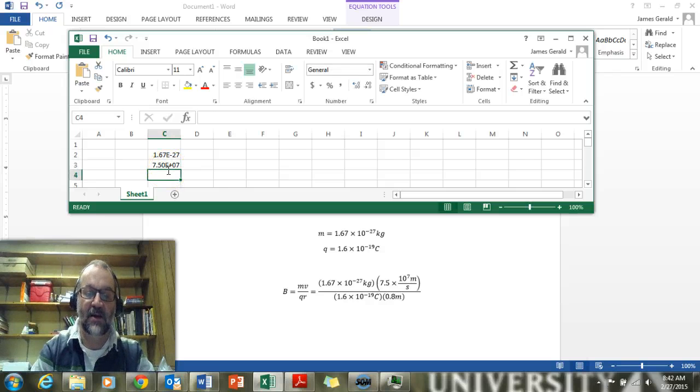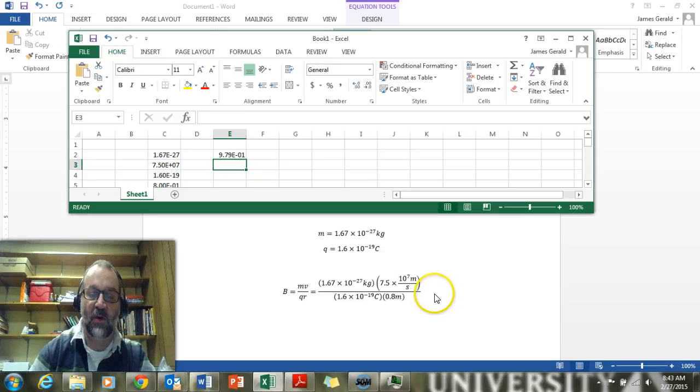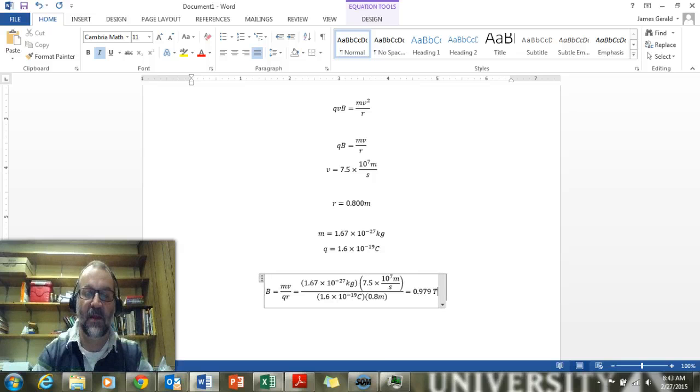We've got 1.6 e minus 19. And we've got 0.8. And the B field we're looking for is this times this divided by this divided by this. 9.79 times 10 to the minus 1. So we get in the end B equals 0.979 Tesla. And there you have it.